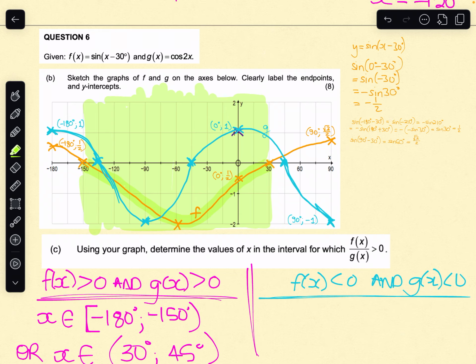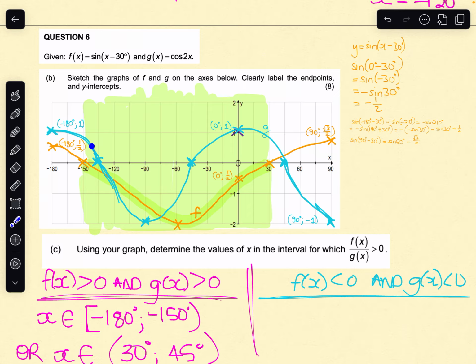Anyway, so this is the interval where f gives us negative values, and we're looking for places in that same interval where g is also producing negative values. So over here we get negative values, right?